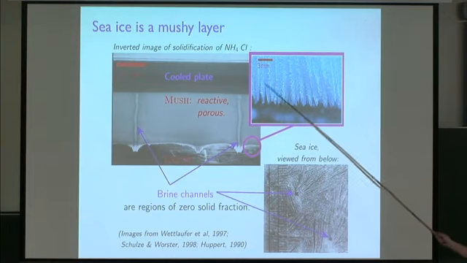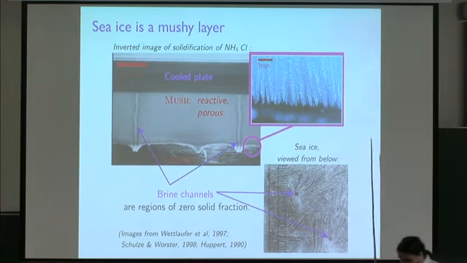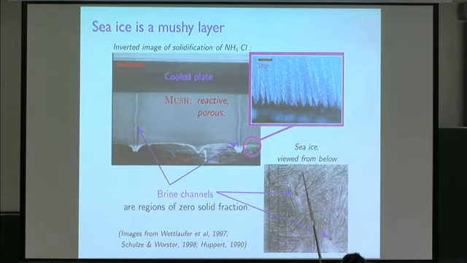And rather than dealing with all of the messiness of this detailed microstructure, what you're going to do instead is average over that microstructure and start to look at how the macroscopic properties evolve, and how features such as these brine channels might emerge. So this is an area that's been looked at for many decades. I'm going to review some of the key results before picking out a couple of more recent things that we've looked at in our group.